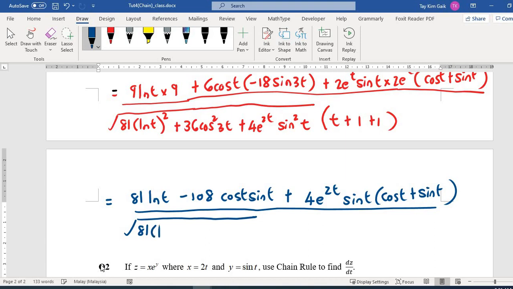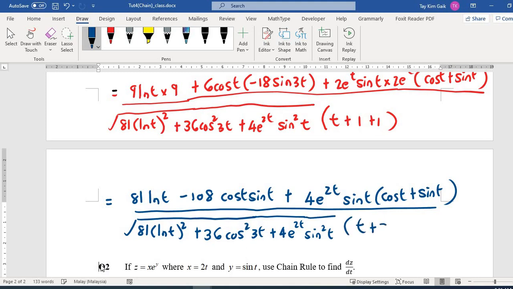81 (ln t) squared plus 36 cos squared 3t plus 4 exponent 2t sin squared t, bracket, t plus 2.